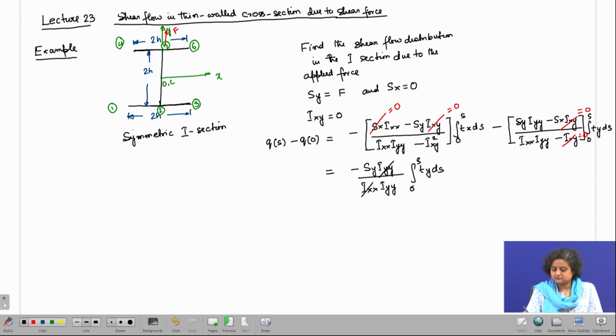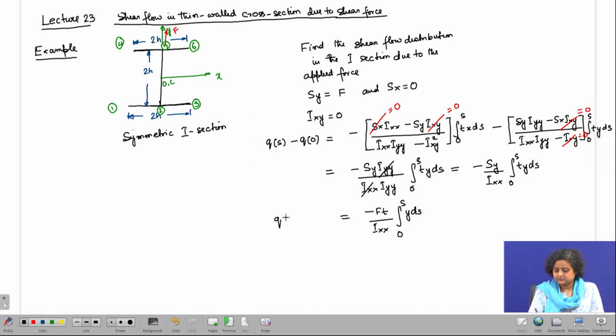Now out of this 2 cancels out. So, we are left with minus Sy by Ixx into integral 0 to s of t y ds. This can be further written as minus F t by Ixx into integral 0 to s. So, that is the expression we have for this particular cross section.